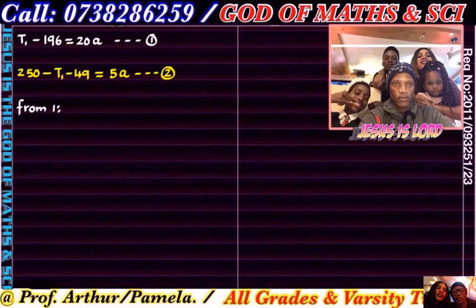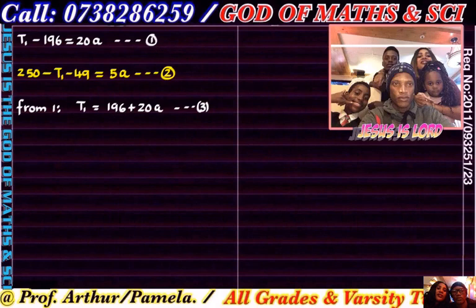196, that negative goes to the right-hand side. So I'm going to have T subscript 1 equals 196 plus the 20A. The mathematician will call this equation number 3, which is nothing else but equation 1.